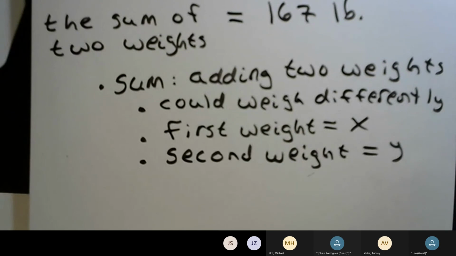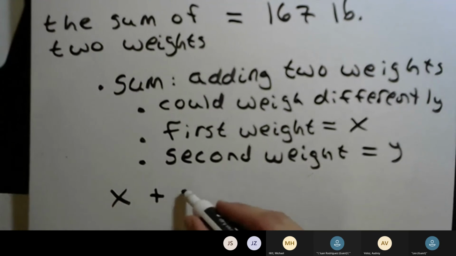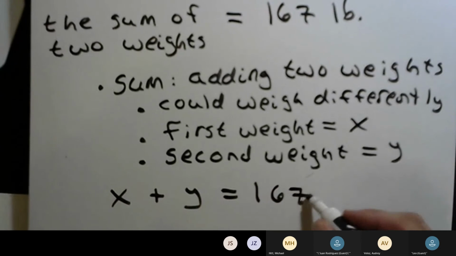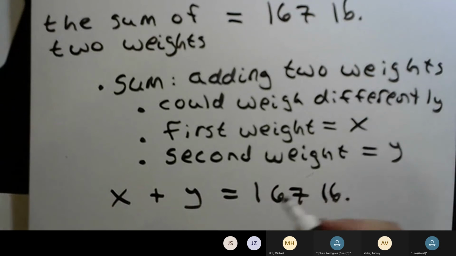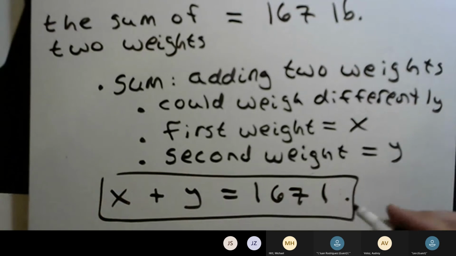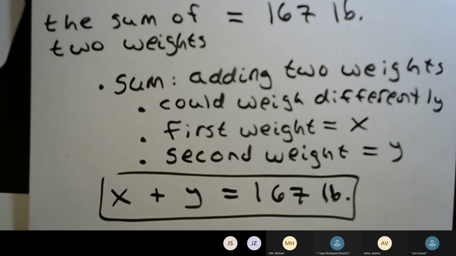So when we have the sum of the two weights, this will become x plus y equals 167 pounds. And that's the best we can do. Questions about that?